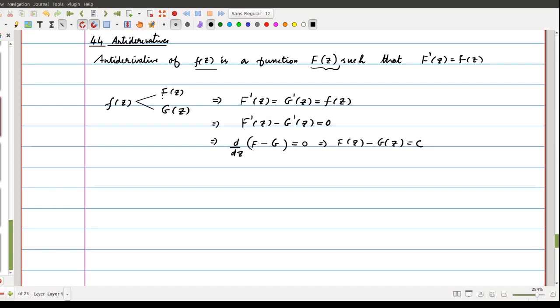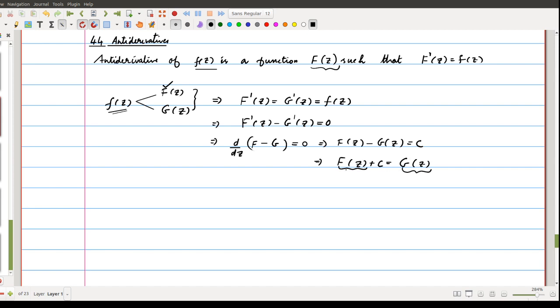So if we have any two arbitrary antiderivatives for small f of z, then they can be connected through this equation. Once you are given an antiderivative capital F of z for the small f of z, then any arbitrary antiderivative of small f of z, say this G of z, can be obtained using this F of z.